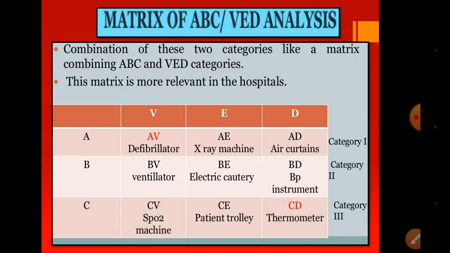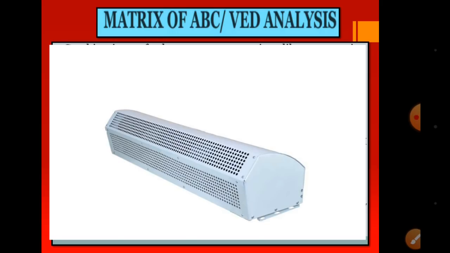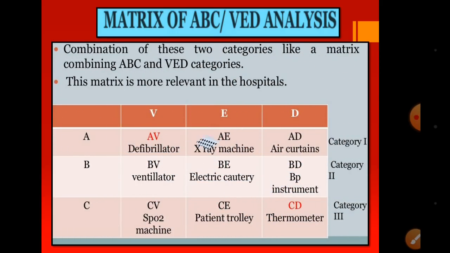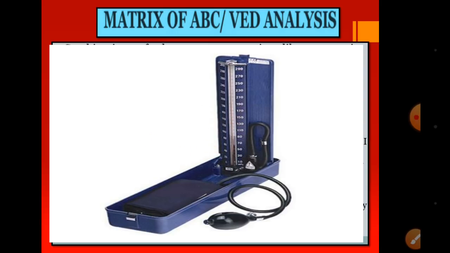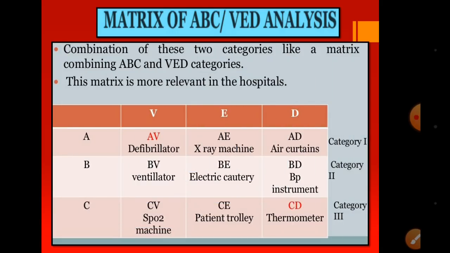Now, AD item, that is in A row and D column, that is ear curtain. BD item, that is in B row and D column, that is BP instrument. And CD item, that is in C row and D column, that is thermometer.